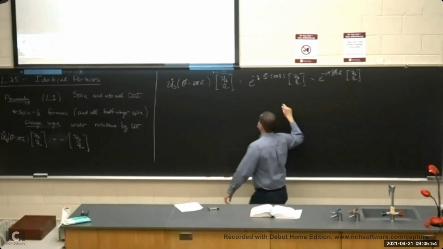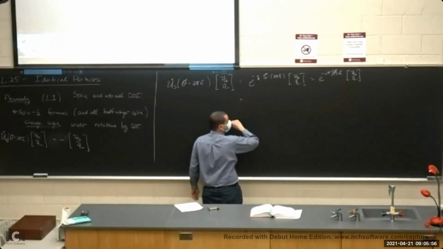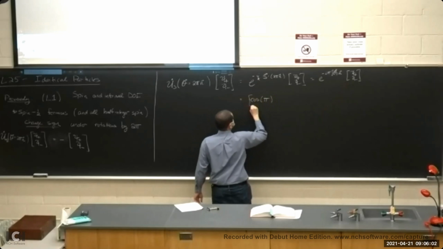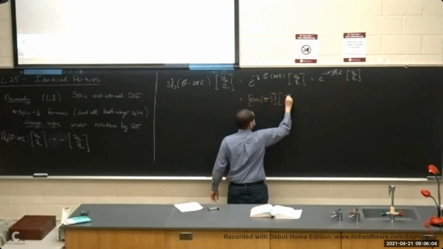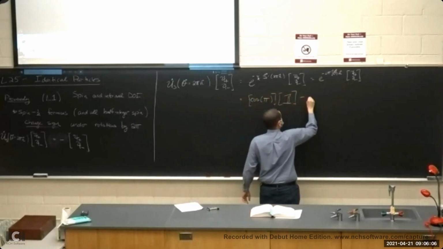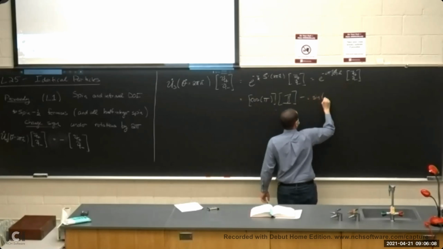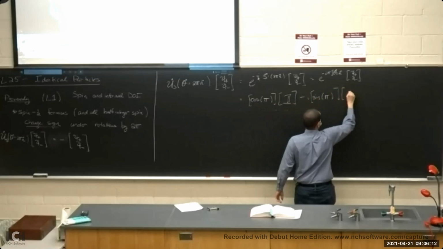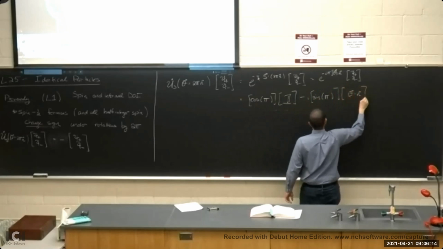And we now know that you should definitely expand this thing in a form that looks like Euler's formula, or you would write this as cosine of the angle pi times the unit matrix 1 minus i sine of pi times the Pauli matrix combination sigma dot n.